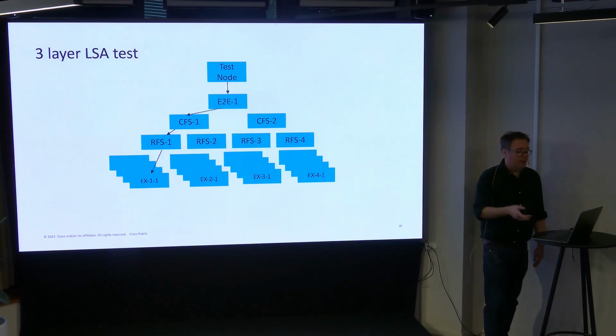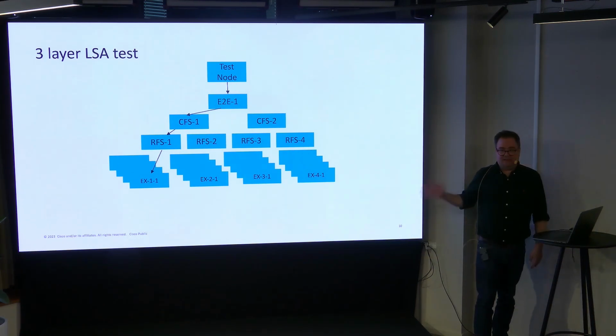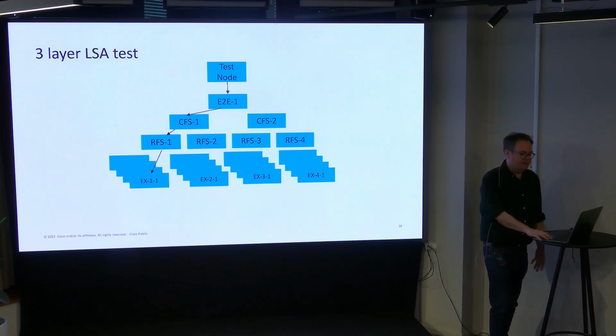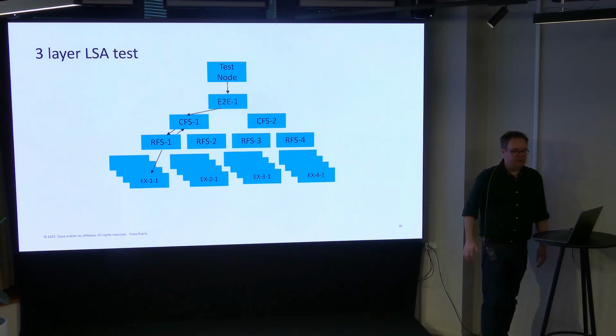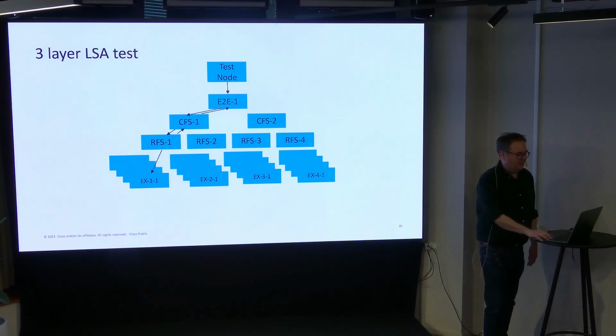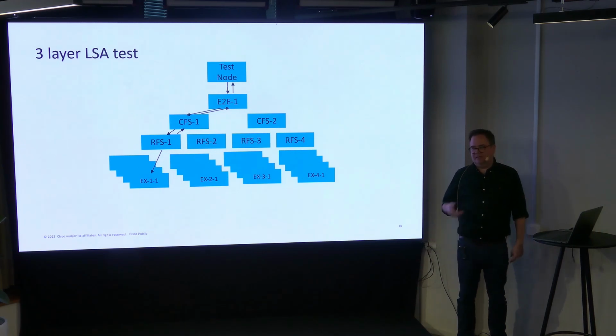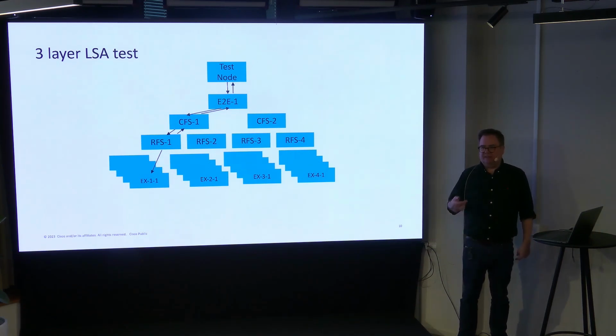And now, when the device config has been set and the commit queue is empty, then the RFS service on the RFS node will reach ready state. So plan state change notification will be sent to the CFS, and the CFS will send the plan state notification up. So the test node will get the information that the service has reached ready state.